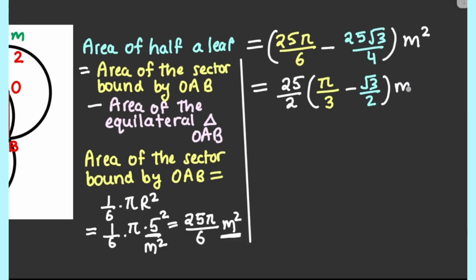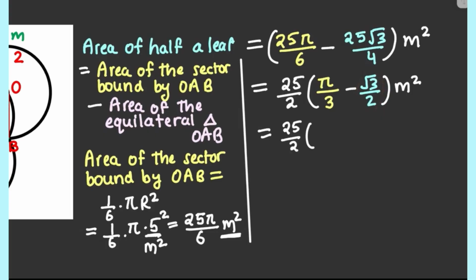Parentheses closed, meter square. 25 divided by 2. Inside the parentheses, I'm using a calculator here. What do we have? We have pi over 3 minus square root of 3 over 2.